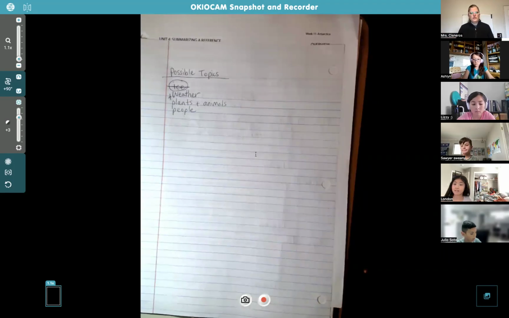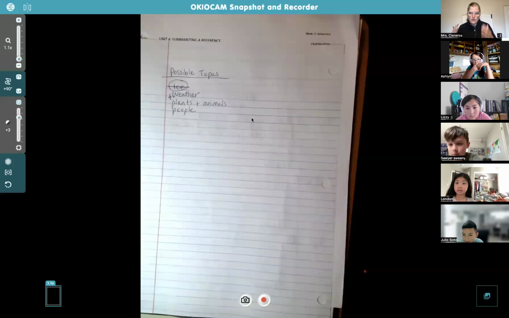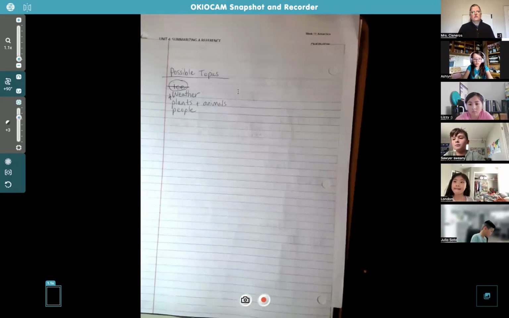Lizzie put weather. She wants to write about the weather next. Ashlyn wants to write about the people. I see that. We're only going to focus on the second paragraph, and then we'll talk about the third topic. You can think ahead if you know what you want to write after that, but we're just going to focus on Roman numeral 2 first. Plants and animals. Okay, London's going to do that next.